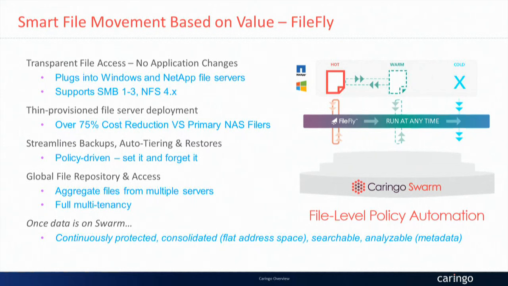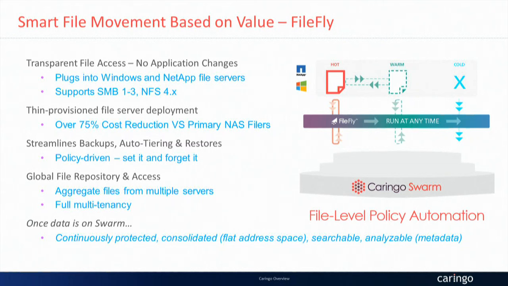The hot use case is a copy of all your files, or whatever files you want, from primary storage to Swarm. So now you have a repository of all the files that exist on primary storage. That could be a substitute for a typical backup application. You might run that on a policy every 24 hours, backing up the most recent versions, or keep versions backed up into object storage.